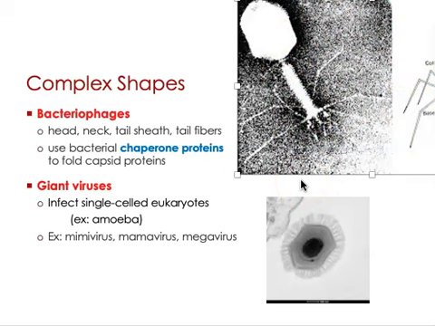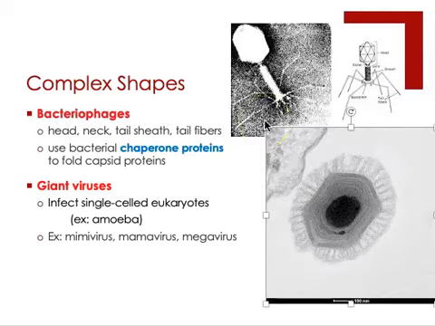Indeed, what happens inside of bacterial cells is that certain bacterial proteins, called chaperone proteins, are going to help the viral proteins come together correctly. Like the name suggests, chaperone proteins have the job of assisting in the folding of proteins when they come together. And it's the bacteria's own chaperone proteins that are going to help all of these viral proteins come together and fold up into the correct shape to be a bacteriophage.